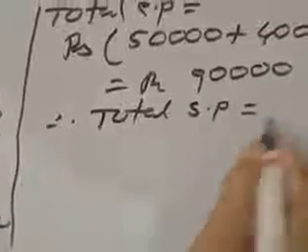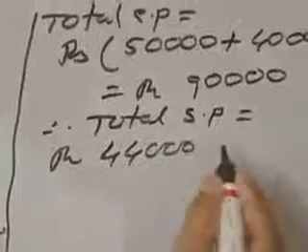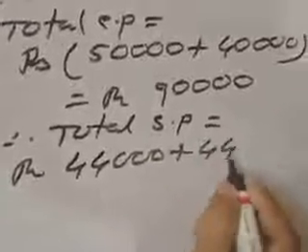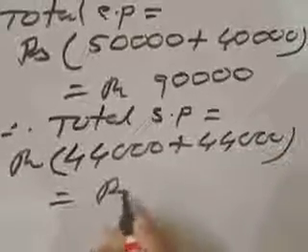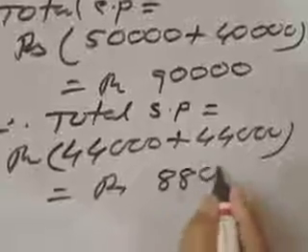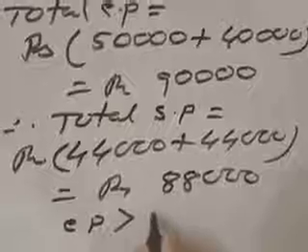Each SP is the same, that is rupees 44,000. First one also 44,000 and second one also 44,000. If we add the total, then it will be 88,000. Then CP is greater than SP.